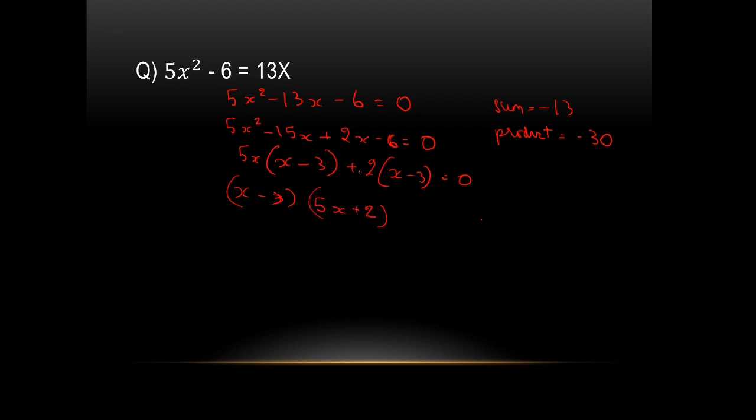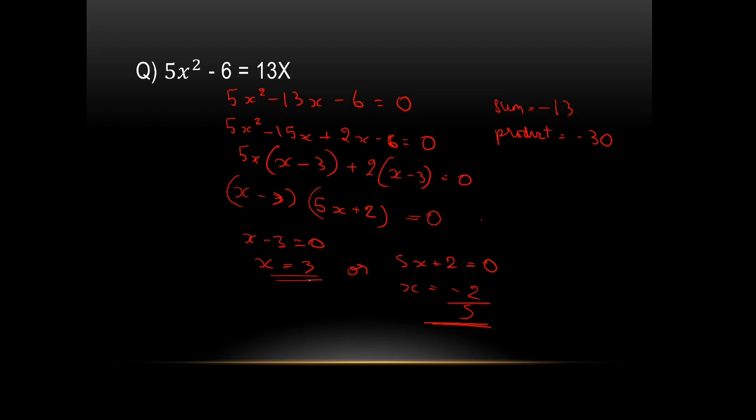These are our two factors, which will be equal to 0. Then the two roots of the equation are: x minus 3 is equal to 0, therefore x is equal to 3, or 5x plus 2 is equal to 0, so x will be equal to minus 2 by 5.